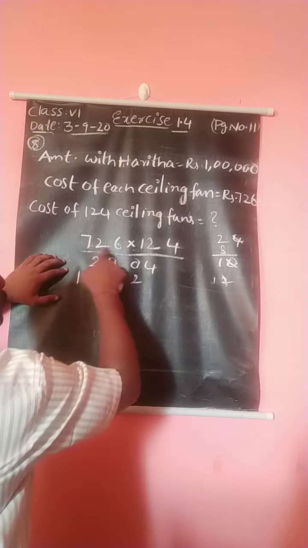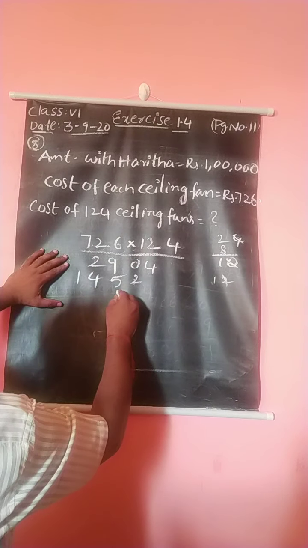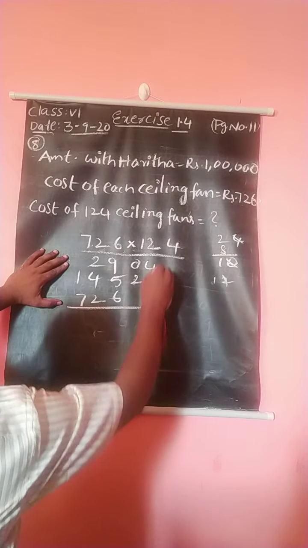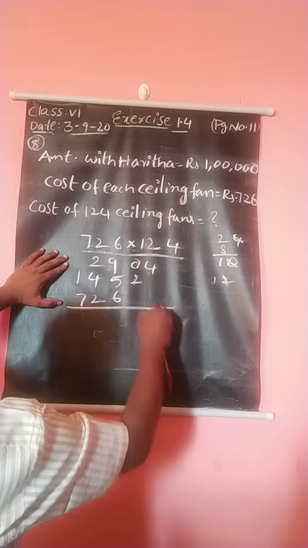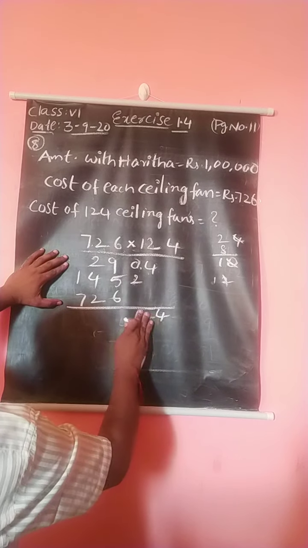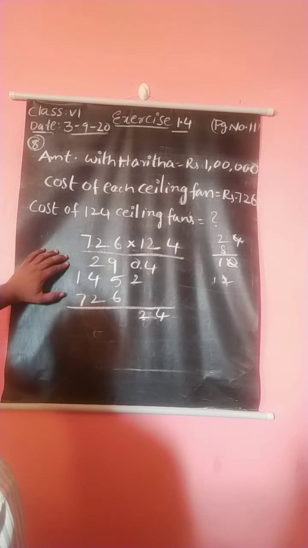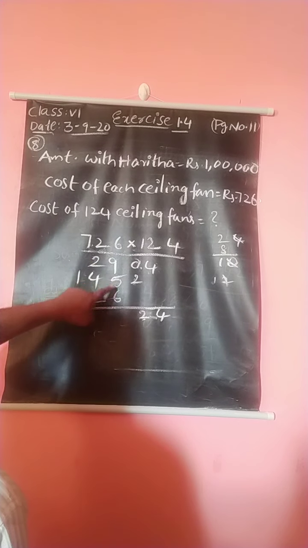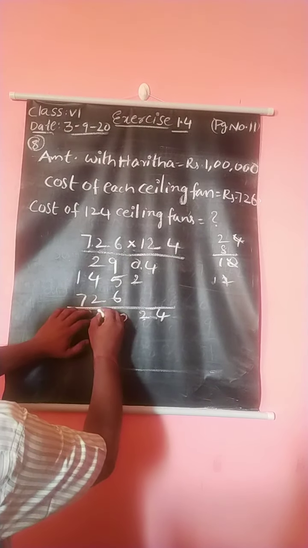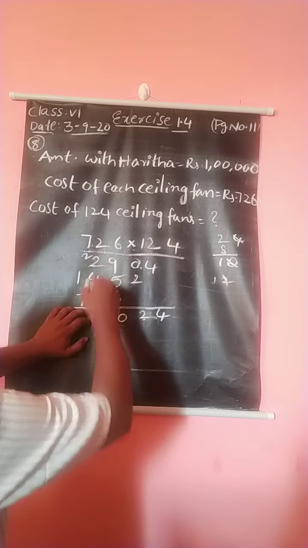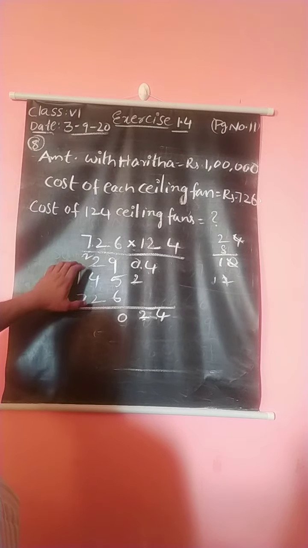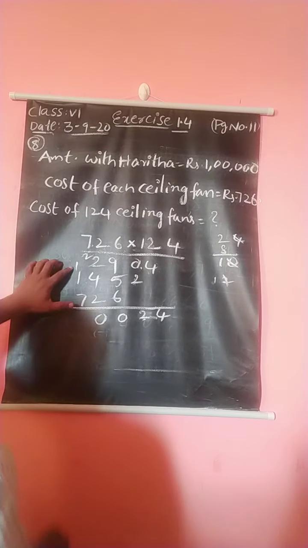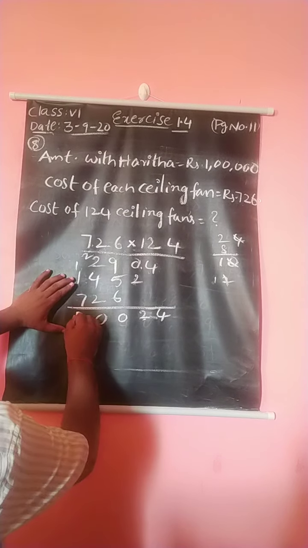Again with 1, 726 into 1 is 726. Now add. 4, 2, next 9 plus 5, 14 plus 6, 20, write 0 and carry 2. 2 plus 2, 4 plus 4, 8 plus 2, 10. 1 plus 1, 2 plus 7, 9.